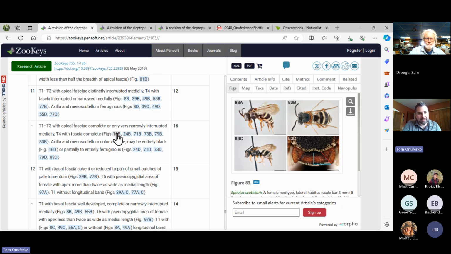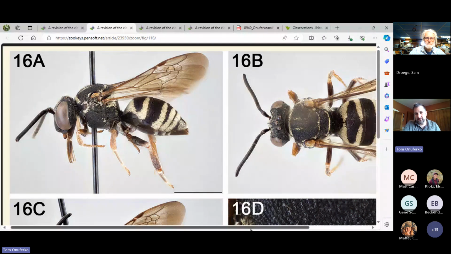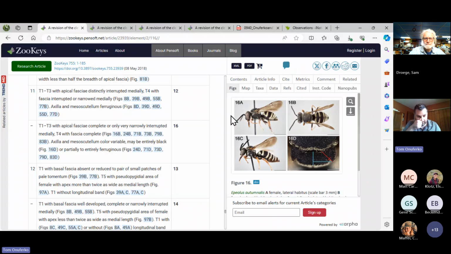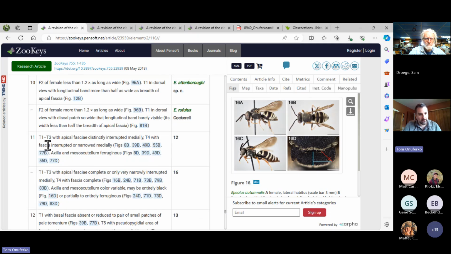So if we go back to autumnalis, if you weren't sure how to score this because these two bands are medially interrupted and this one is narrowed, but it's touching, but you're still unsure, the fact that the axilla and scutellum are entirely black in this species tells you that it'll key out in this half of the couplet. So look at all the characters in the couplets when making a decision, because sometimes it's features in combination that will determine where you have to go.